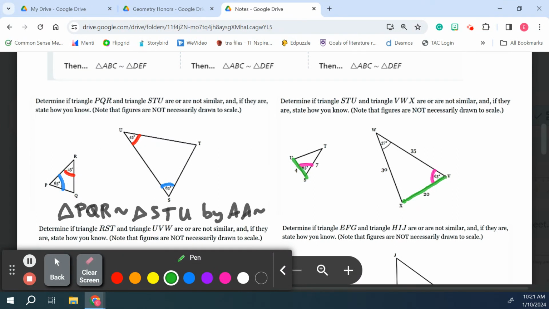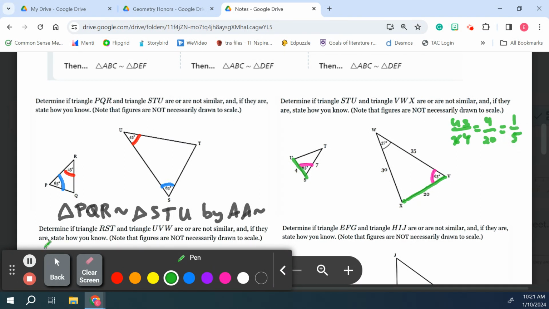Now, I need to find the proportion of that. So let's do the small one over the big one. US over XY, which leaves us with 4 over 20, which ends up being 1/5 when we reduce.